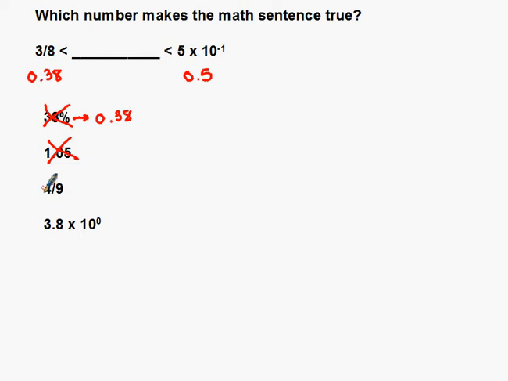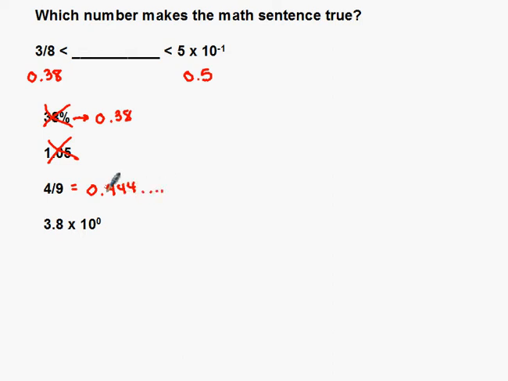All right, 4 over 9, another fraction that I need to turn into a decimal. I know with a little long division that 4 over 9 converts to 0.444, repeating on forever.